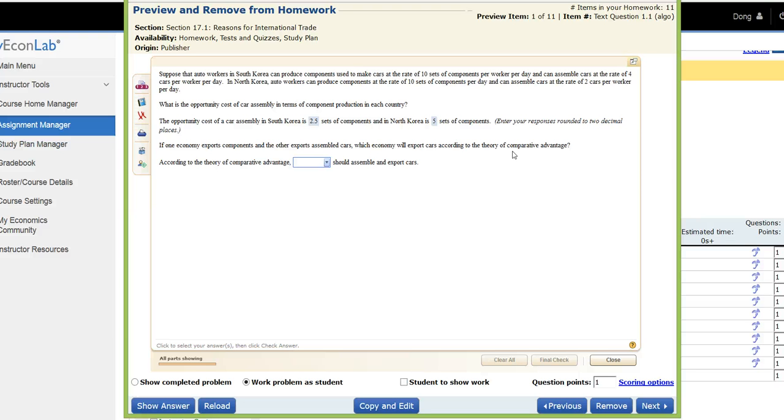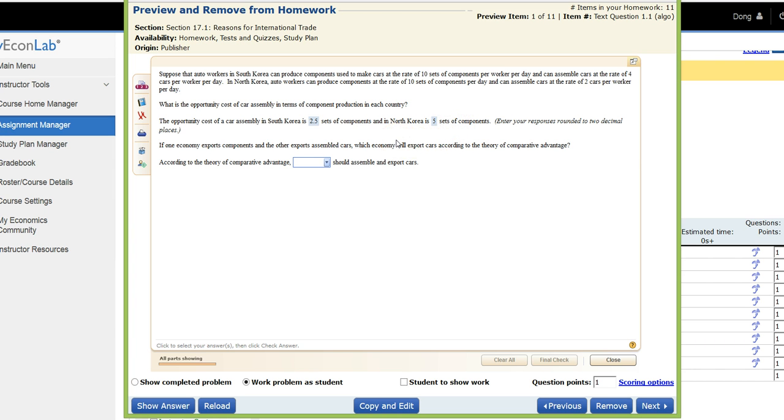But what matters is not the absolute advantage, it is the comparative advantage. That's defined relatively speaking, what's the opportunity cost of the workers in terms of the car assembly. Looking at the opportunity cost, the South Korea workers is 2.5 sets of components, and North Korea workers is 5 sets of components.